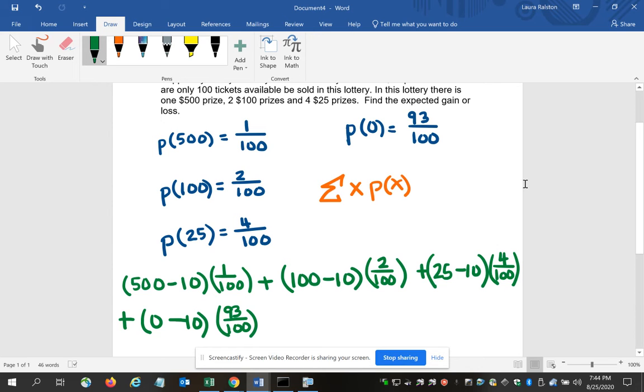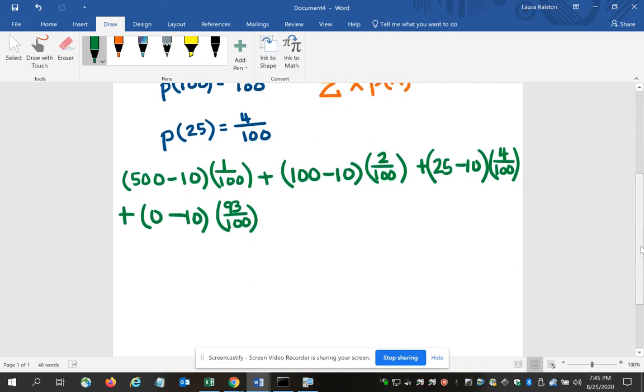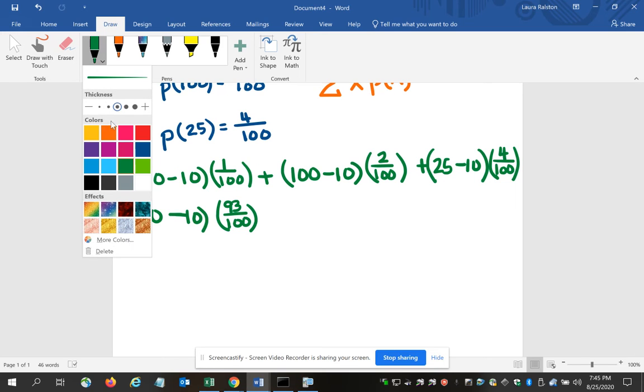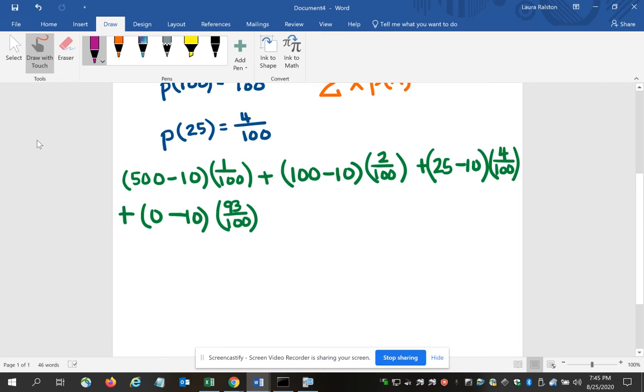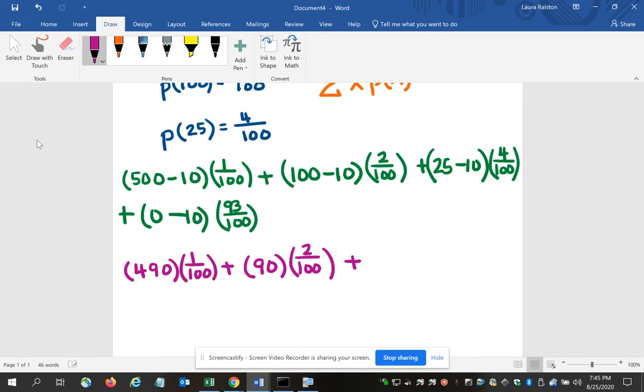So if I simplify these just a little bit to make my calculations easier on the calculator, because I can't do it in my head: 500 minus 10 is 490 times a 1 in 100 chance, plus 100 minus 10 is 90 times a 2 in 100 chance, plus 25 minus 10 is 15, and that's a 4 out of 100 chance, plus losing the $10, there's a 93 out of 100 chance.